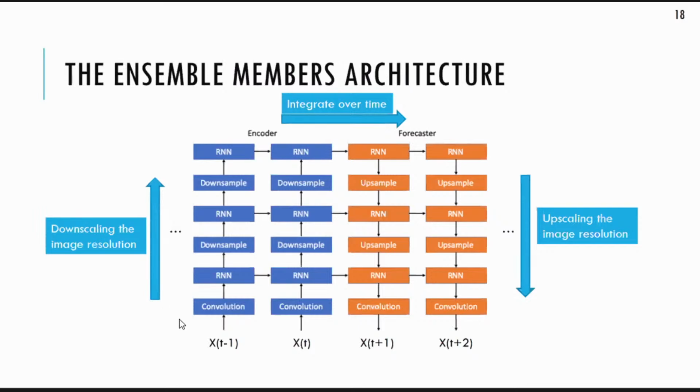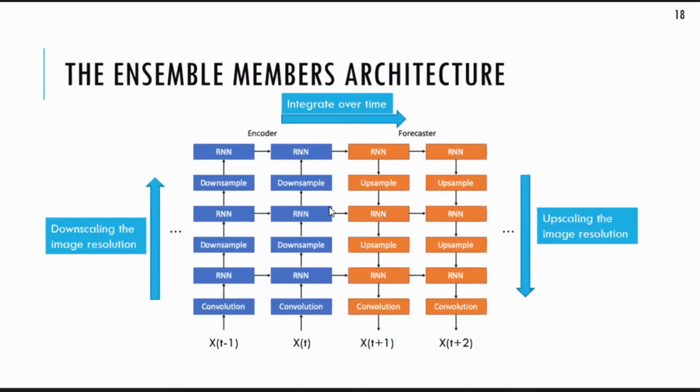And it works by having some downscaling part and some upscaling part, very similar to the U-Net structure. But in between the convolutions and the deconvolutions, we have these recurrent neural network layers, which in this case are trajectory-gated recurrent units, the ones I showed you before. Therefore, we can downscale the image and increase the channel size, like in a U-Net, to do some form of encoding, but keep the temporal information of the encoding at each downsampled state with these RNNs.